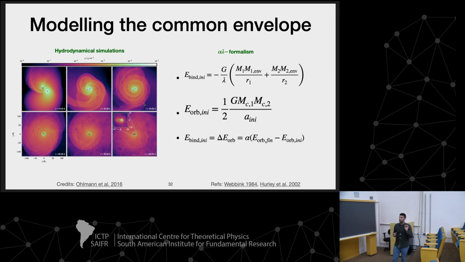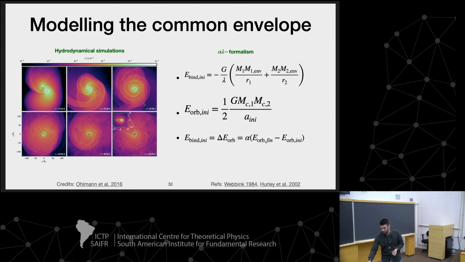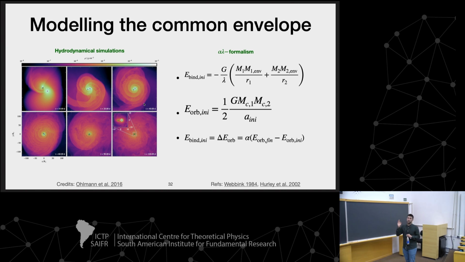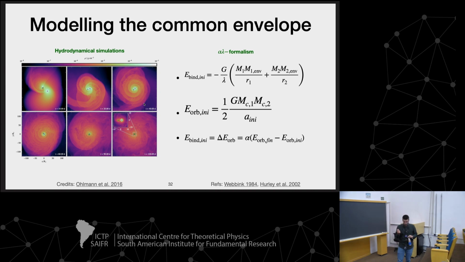You can either use hydrodynamical simulations, where you have the two cores orbiting in the same common envelope, but this of course takes a lot of time, as any hydrodynamical simulation. Or you can use the so-called alpha-lambda formalism, which helps you to model the common envelope in an analytical way.